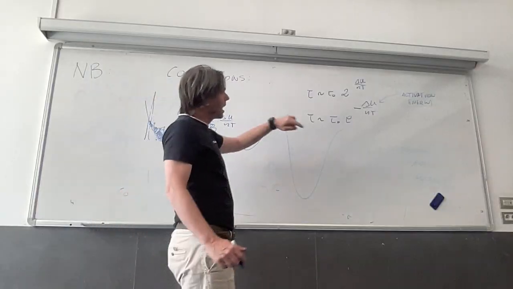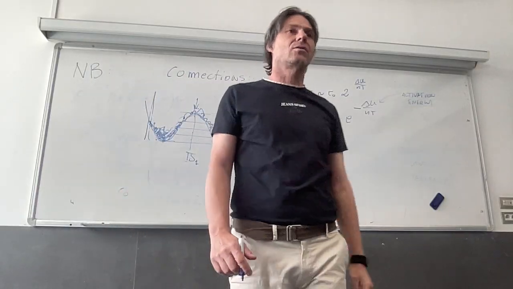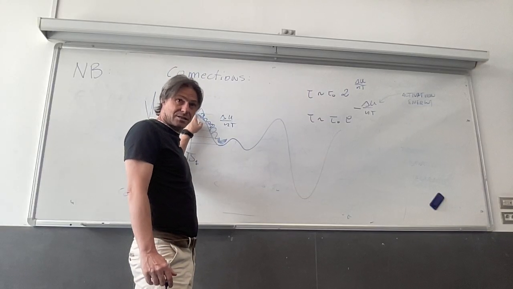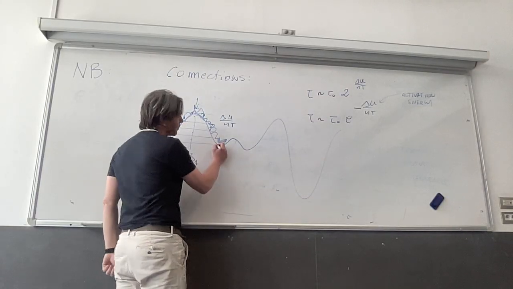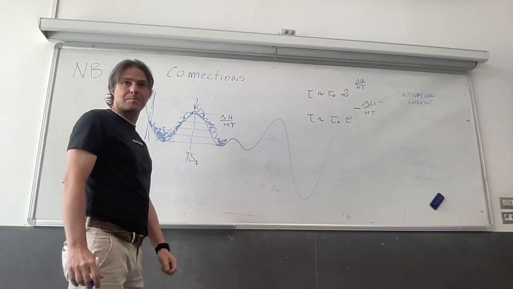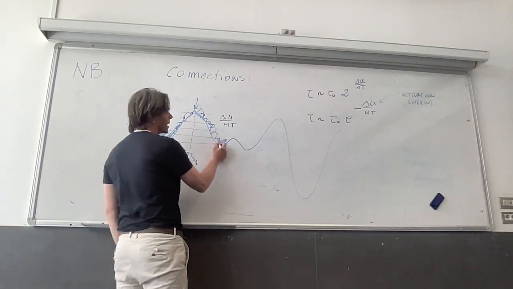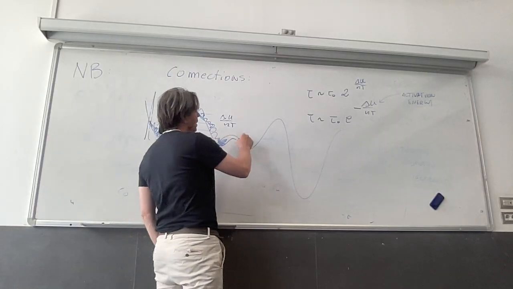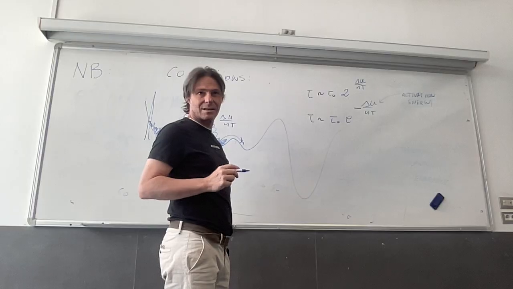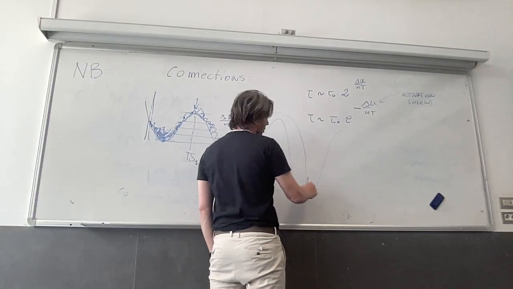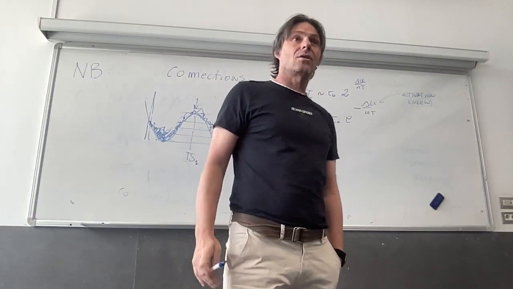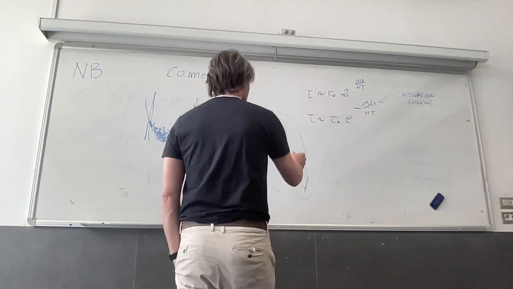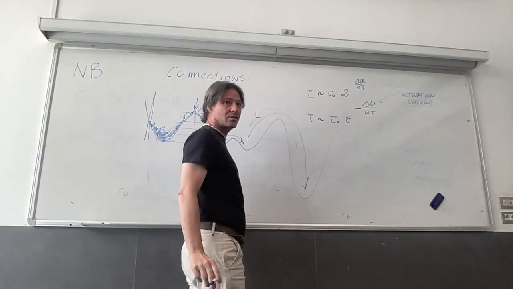But if I wait long enough, on a time scale of the order of a mean first passage time through the top, through the transition state, I will start seeing a population pop up here. And the particle will quickly relax here. And then it will take another longer time to cross this very small barrier, and a much longer time to cross here, but I'm not done. Because equilibrium means ergodicity, I need to be able to go back and forth many times. So also these time scales will be important for ergodicity.